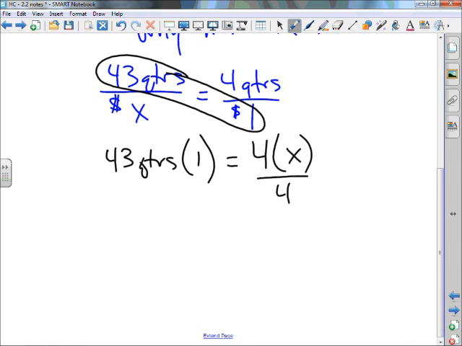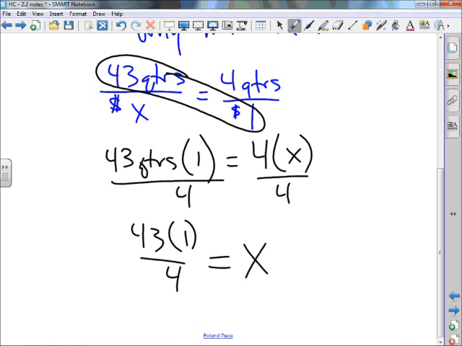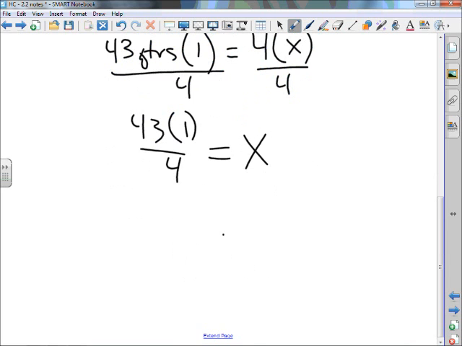Divide by 4. So 43 times 1 divided by 4 equals x, which is exactly right. Nothing wrong mathematically. Here's what we want to do: this is the math right there. 1 over 4.